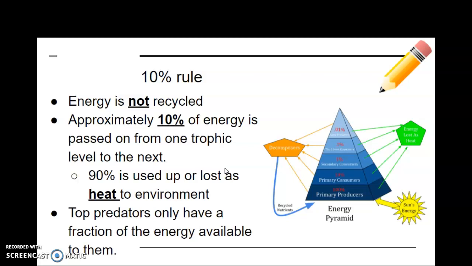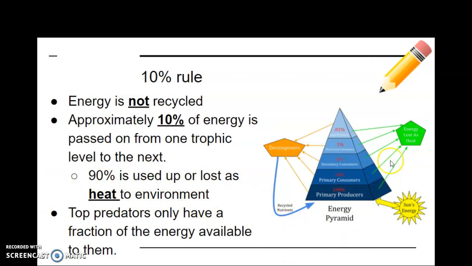But the plants and the algae are going to use up most of that energy for their own purposes, just to keep them alive, to allow them to grow and maintain homeostasis and produce seeds and fruits that they need to reproduce. And as they use that energy to keep them alive, it gets converted to heat and escapes into the environment. In fact, 90% of the energy is used up and lost as heat.